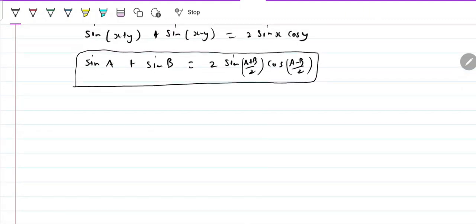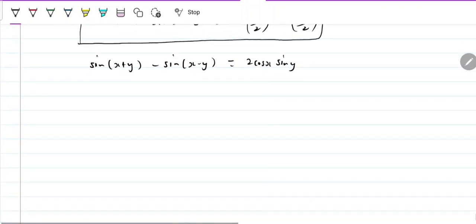What about the sine of x plus y minus the sine of x minus y? That's going to be equal to, that was the one with cos and sine. So that'll be 2 cos x times sine y.